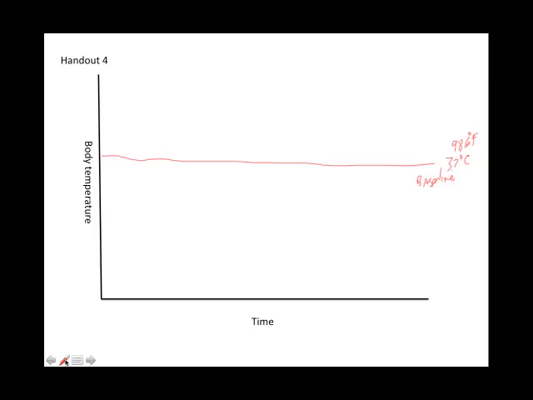Now what we will see, let me change the color here. What we will see is this. We will see gradual fluctuations for every body parameter, regardless of what we're talking about. Gradual fluctuations above and below that baseline. Okay, that's normal.